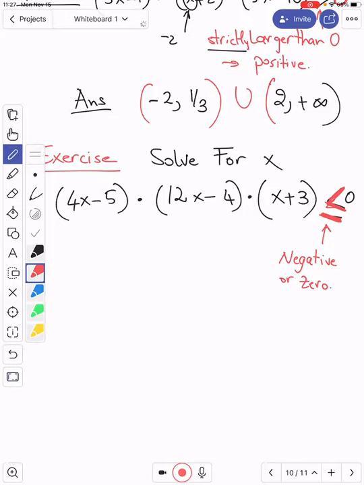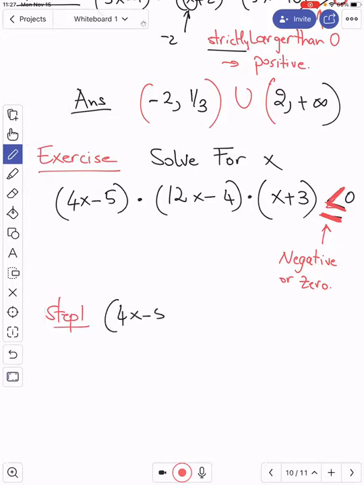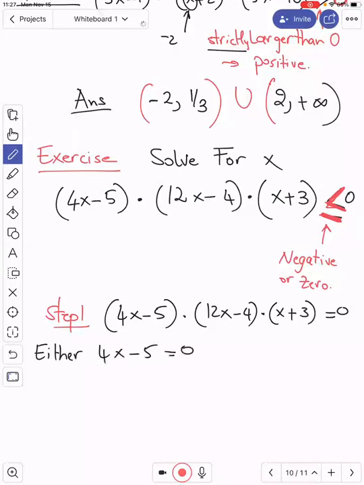Yeah, so the first step, you make the whole thing equal to 0. And then, of course, either the first factor is 0, or the second factor is 0, or the third factor is 0.